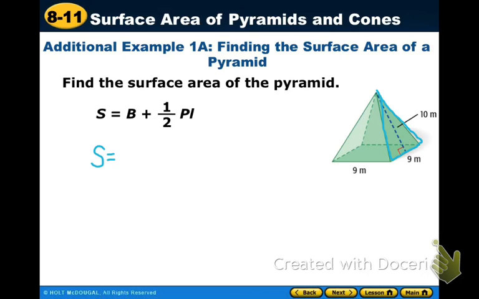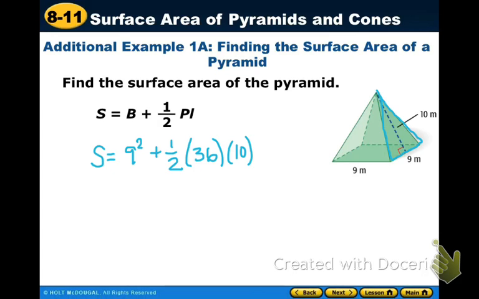surface area will be equal to 9 squared is the area of the base, plus 1/2 the perimeter. 9 times 4 gives us the perimeter of 36, and 10 meters is the slant height that we need.